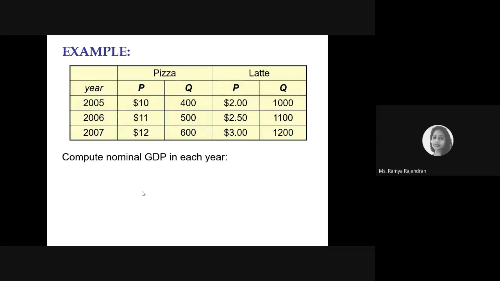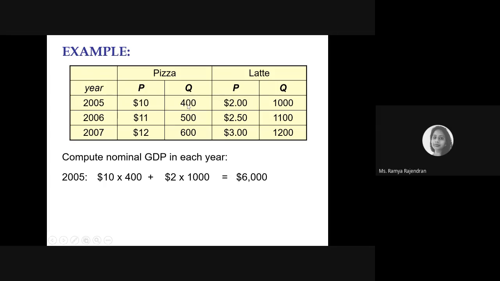Here we will try to compute both nominal and real GDP with the numbers. We're assuming that in the country we just make pizza and latte. With this assumption, we computed that in 2005 the GDP was around $6,000.